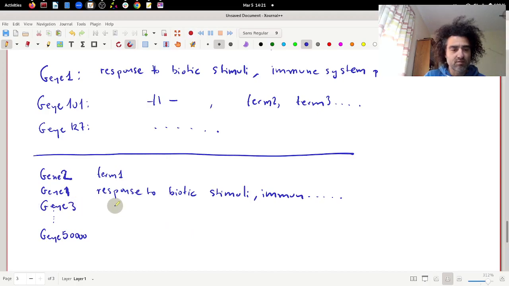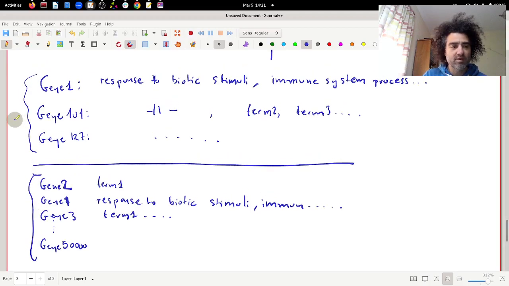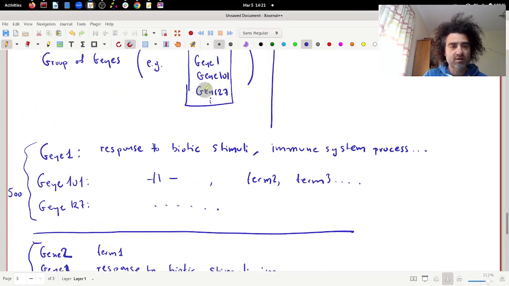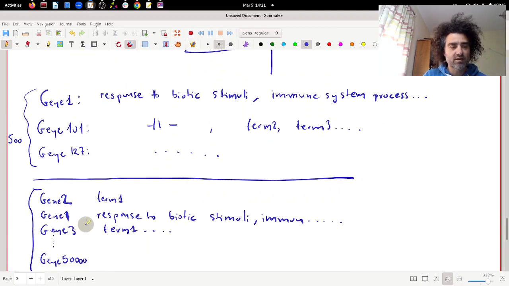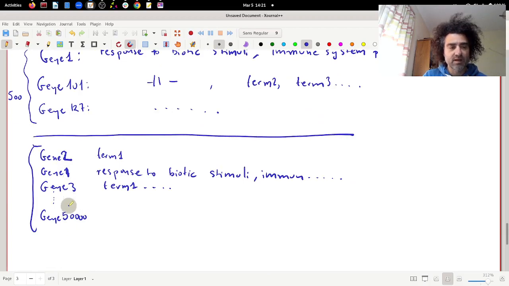Gene 3 will be term 1 again, let's say. And we have the whole list of terms linked to every gene in the organism. So this one here is a subset of all these genes. Here we might have 500 genes that are overexpressed, and here we might have 50,000 genes.